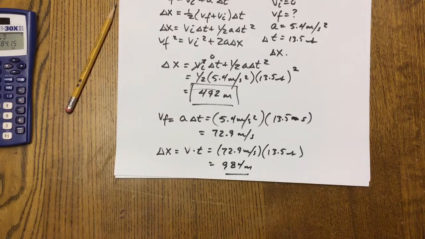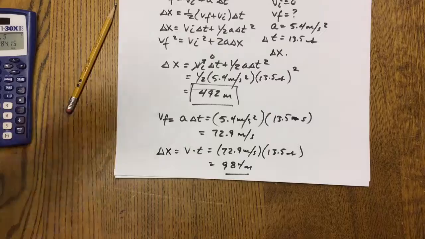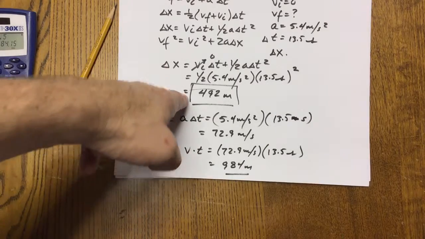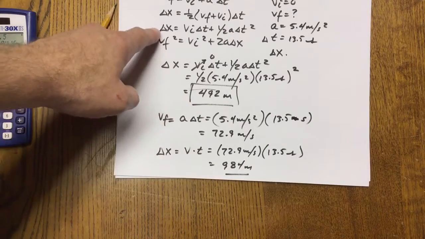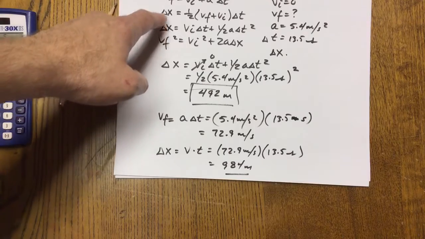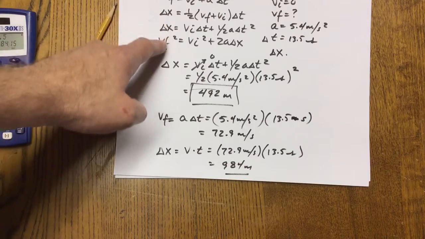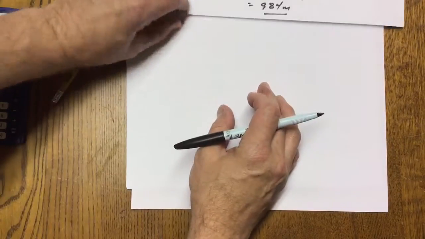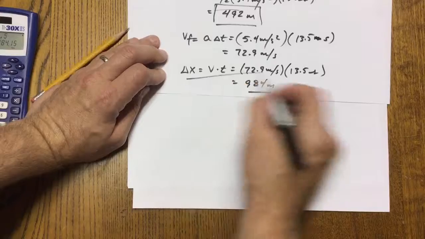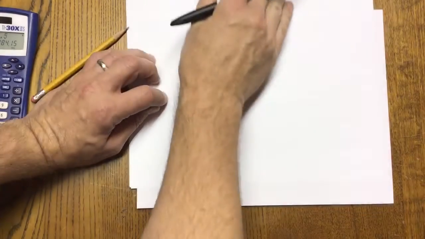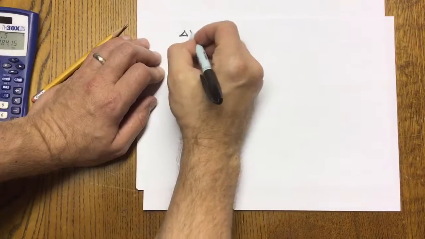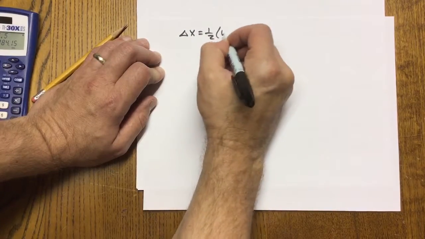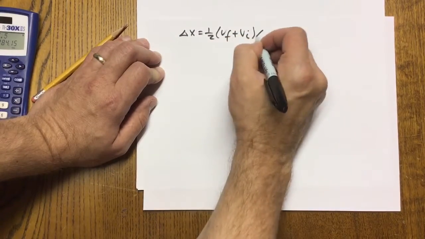Now, the beauty here, again, is that not only can we solve this problem with one equation, but we should be able to go back for each of these equations and find the same displacement. So, prove it to you. We could use the second equation, since I solved for the final velocity here, 72.9. If I used equation number 2, delta x is equal to 1/2 of (Vf plus Vi) times delta t.